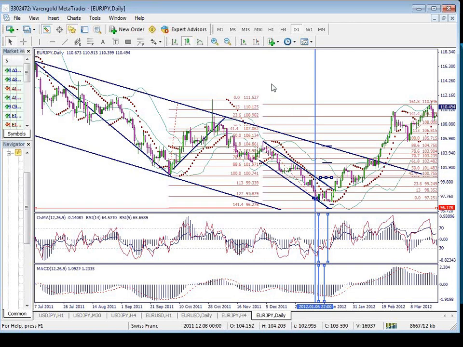Sorry, the fifth wave is the weakest one. In the Elliott wave theory, the last two waves, 4 and 5, are the weakest. So it was quite impressive, the last wave.